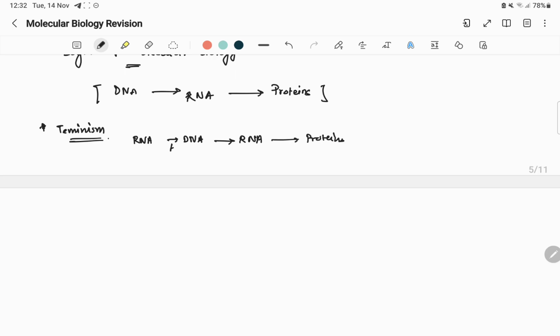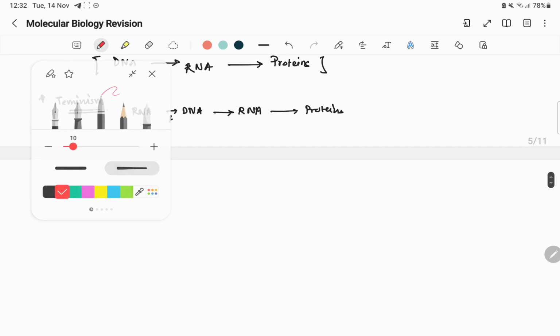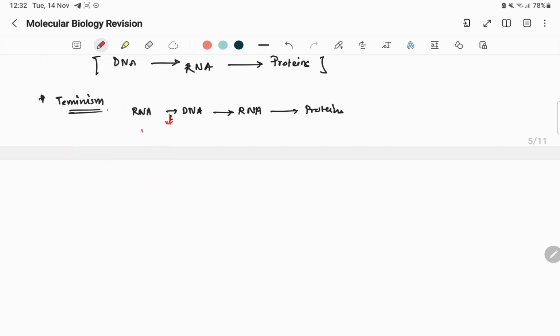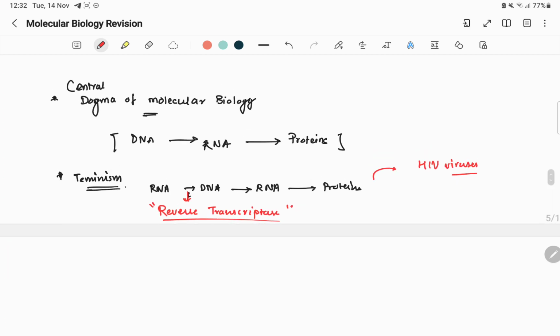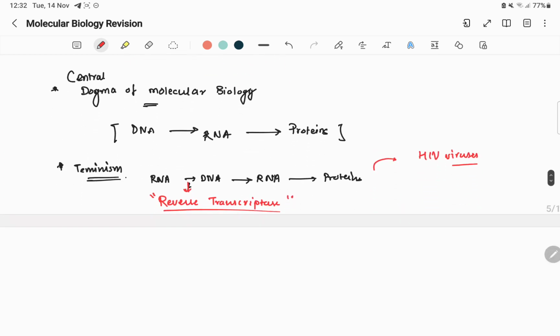The enzyme that catalyzes synthesis of DNA from RNA is reverse transcriptase. So this is called teminism, and it's seen in HIV viruses and others. Central dogma and teminism are done.